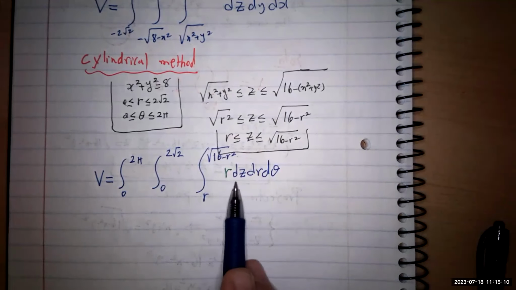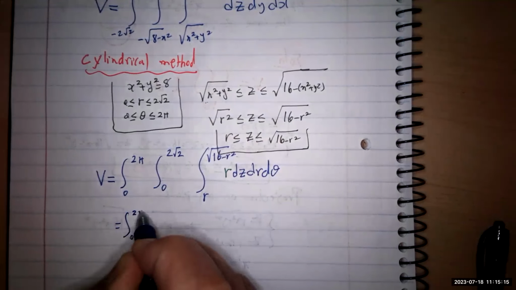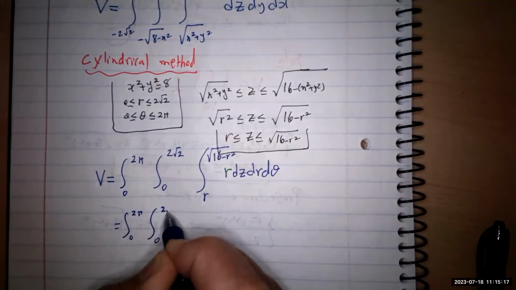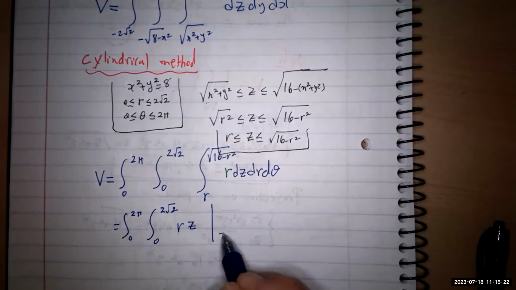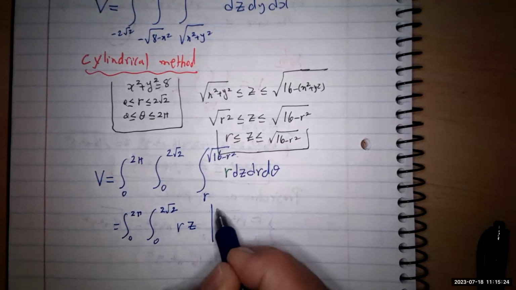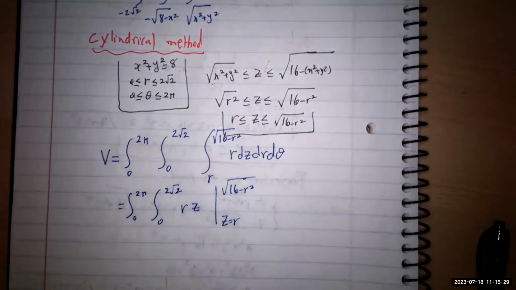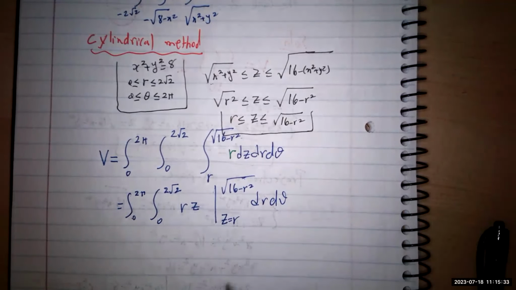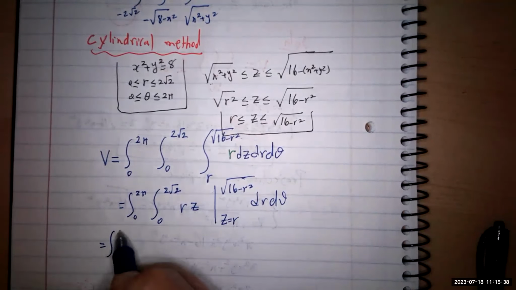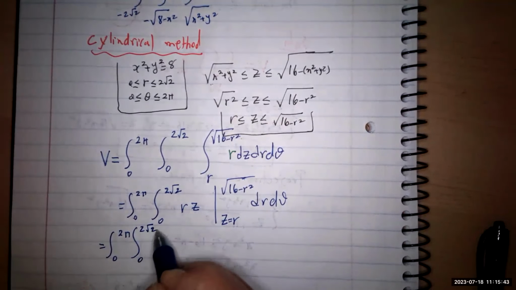Okay, we have to take care of this one first. It's going to be 0 to 2 pi, 0 to 2 radical 2, and your integral would be z from r to radical 16 minus r squared, of course with r dz d theta.